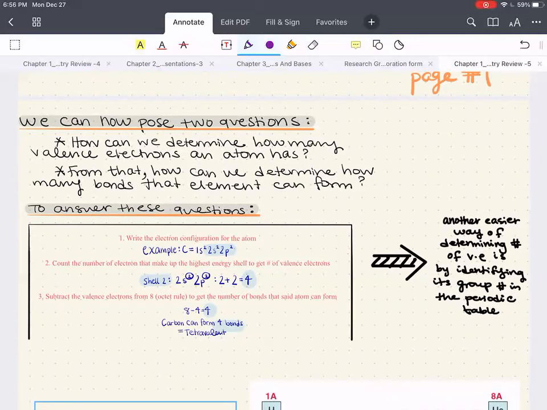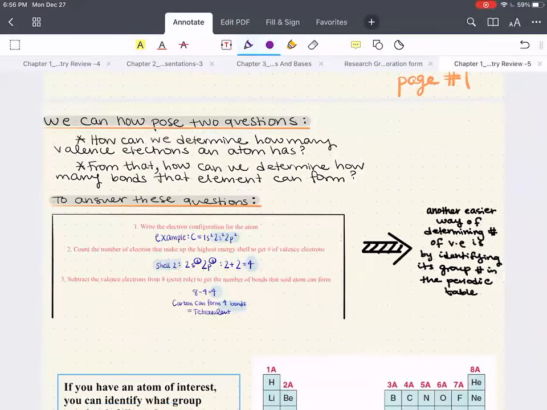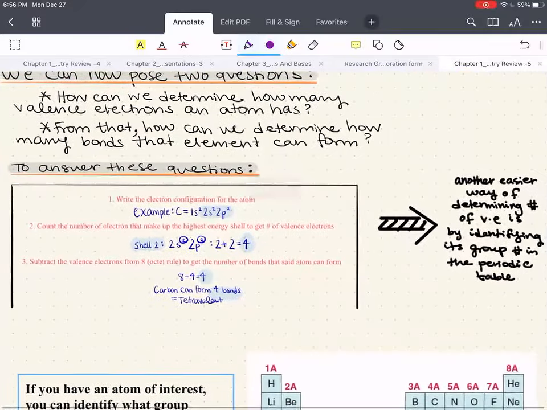The first way is using electron configuration, and the second way is using the periodic table of elements. Using electron configuration, we can answer how many valence electrons an atom has, and then how many bonds that element can form. So let's do a quick example.